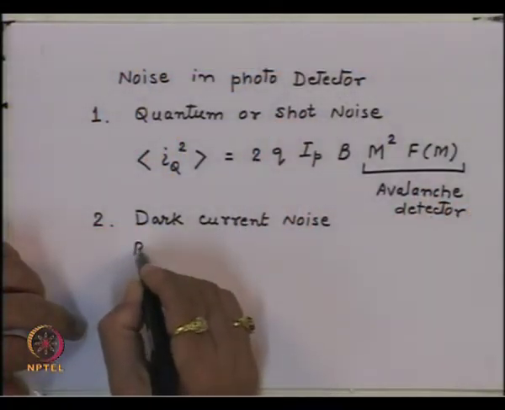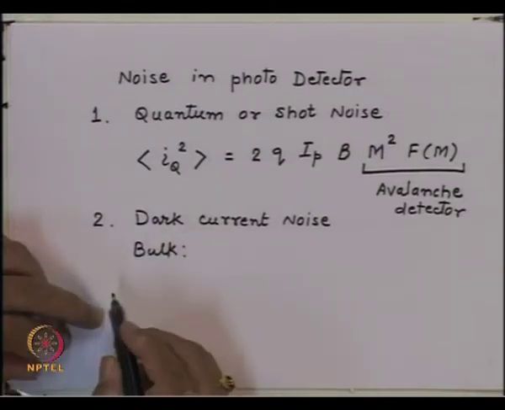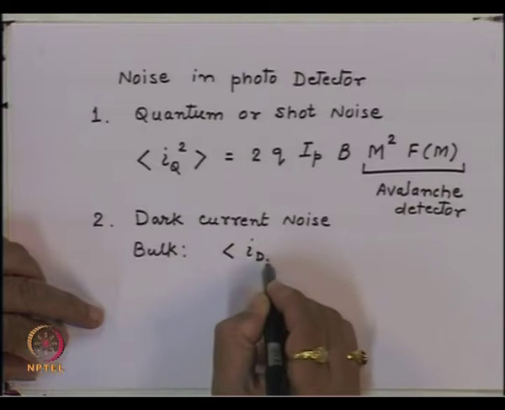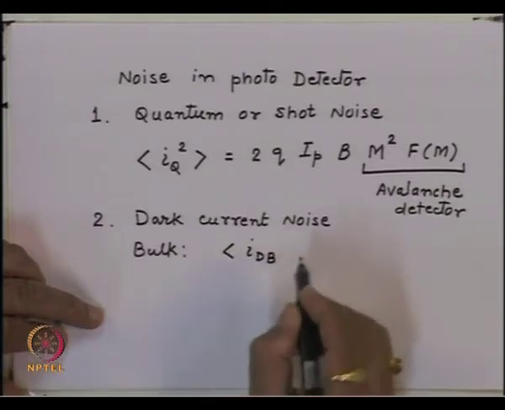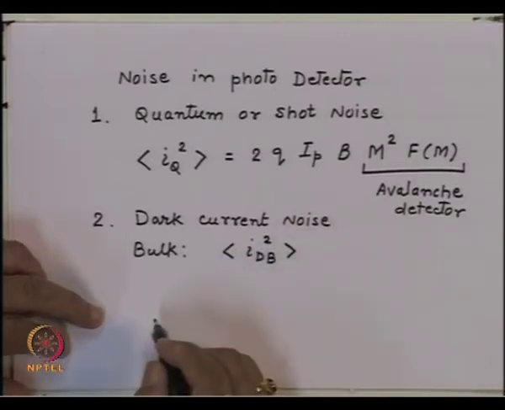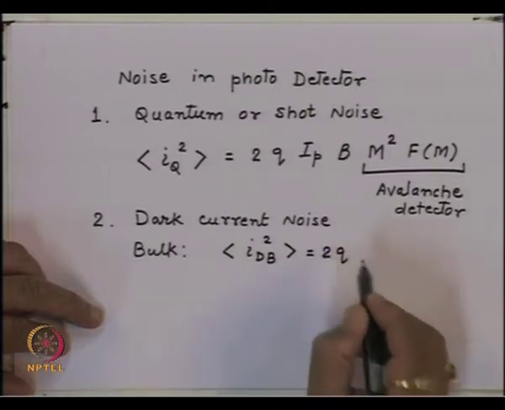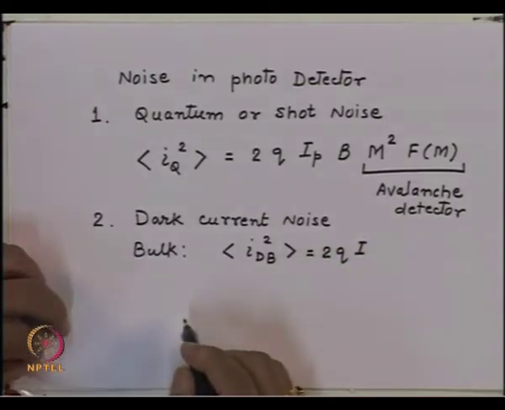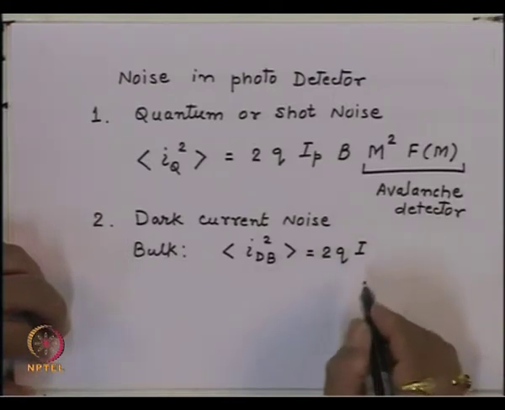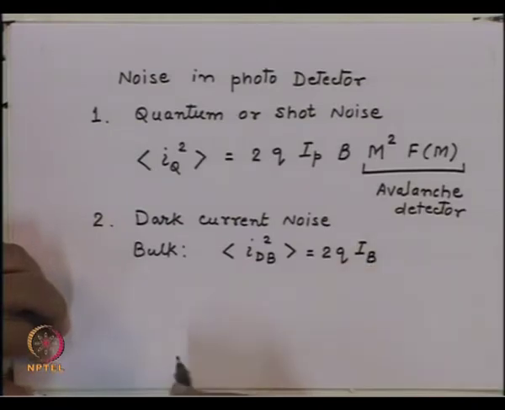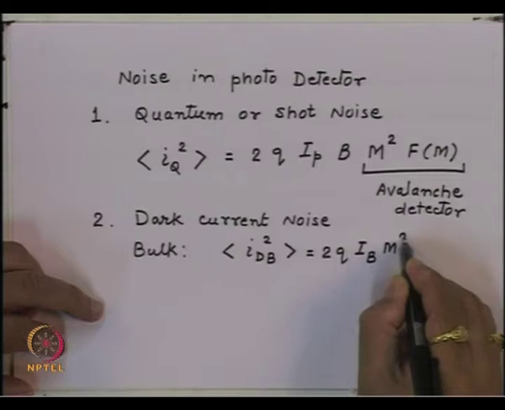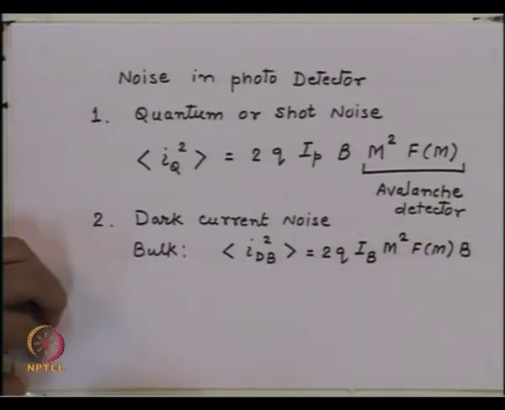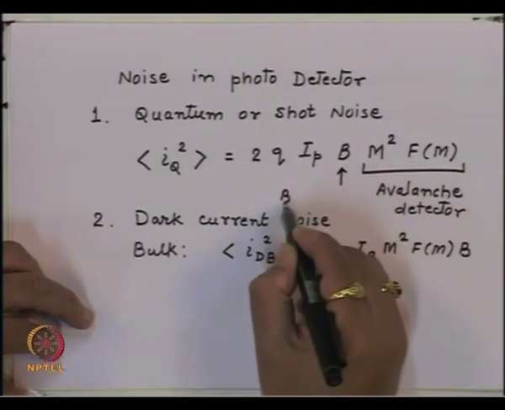One we call the bulk dark current, and the mean square fluctuation of the bulk dark current, I_DB square, will be equal to 2 times q times I, which is the bulk dark current, into M square into F of M, into the bandwidth which is B. So, this quantity, as we mentioned, is the bandwidth.